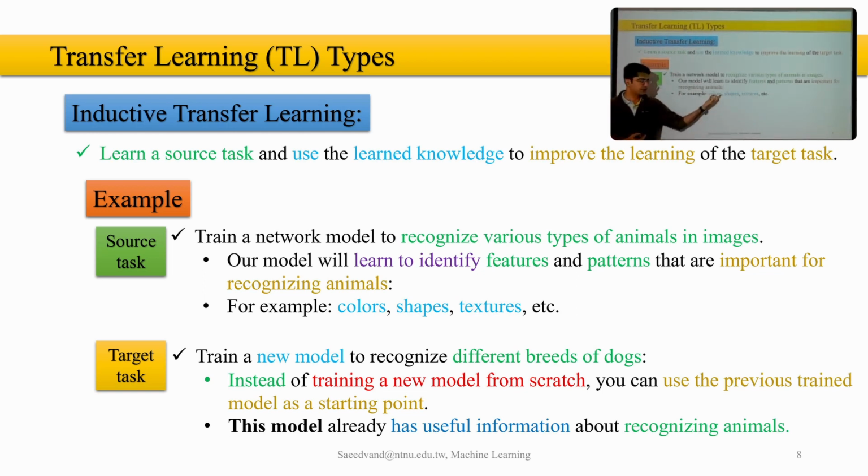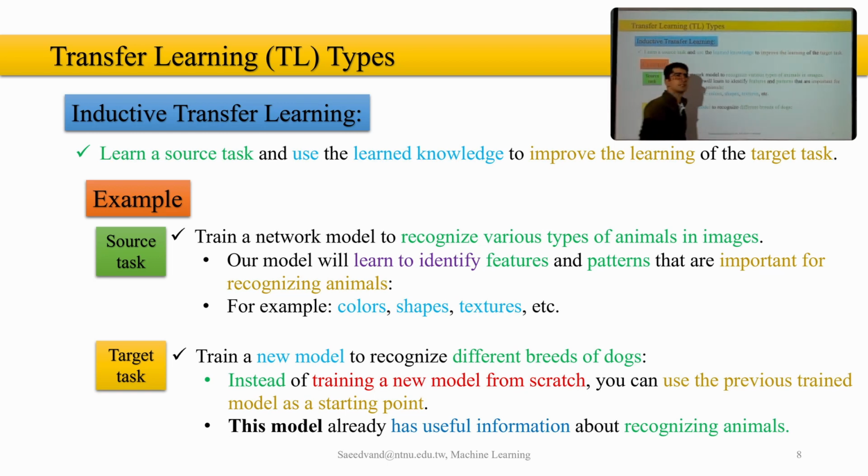If we transfer it to grayscale, then color is not important, we leave it, and it still will be shape, texture, and for example, edges. Now, after having this source task, we say we have a target task, which can be, for example, recognizing different breeds of dogs.